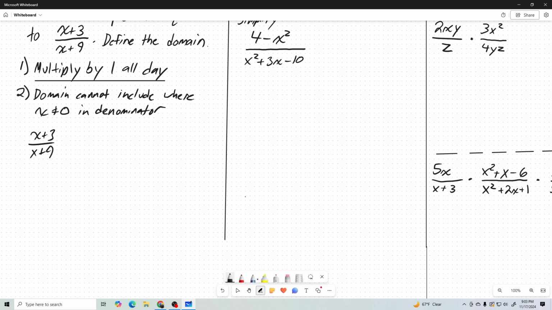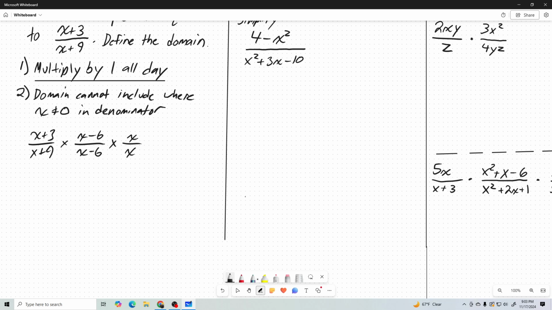So let's multiply this by, I'm picking these numbers by the way, so it really doesn't matter, x minus 6 over x minus 6. We're allowed to multiply by this because x minus 6 over x minus 6 is just 1, right? Because the top and the bottom are the same. And then let's also multiply this by, let's just say, x over x. Why not? So let's go ahead and multiply these out.